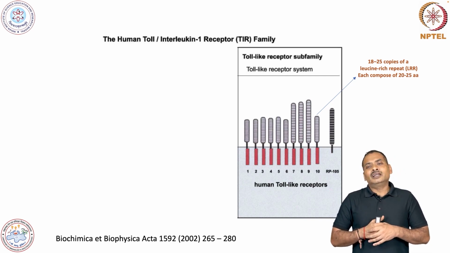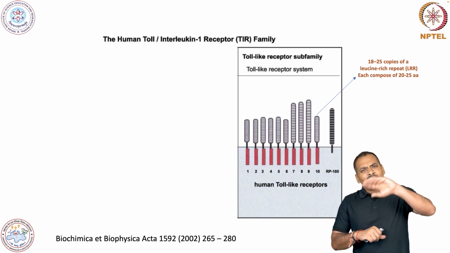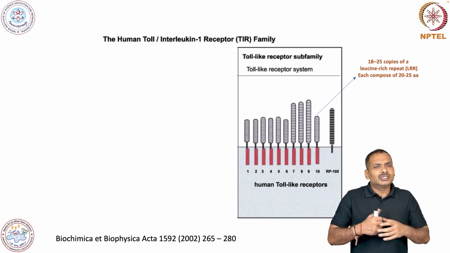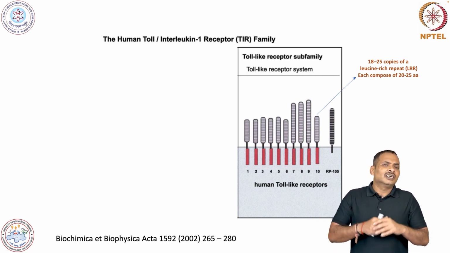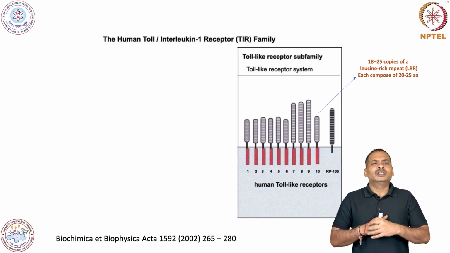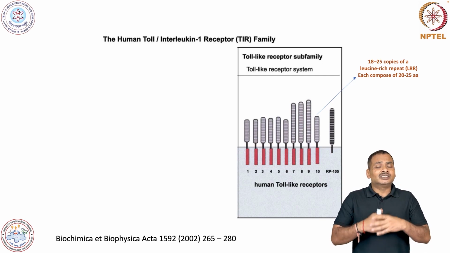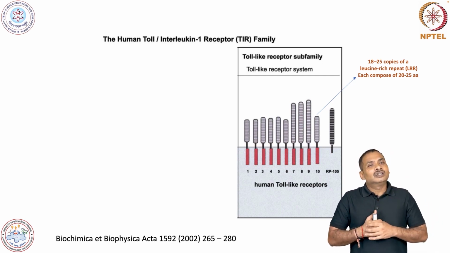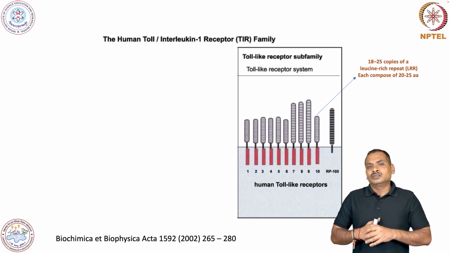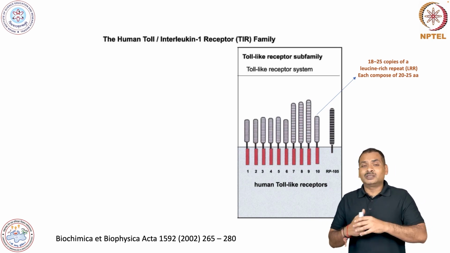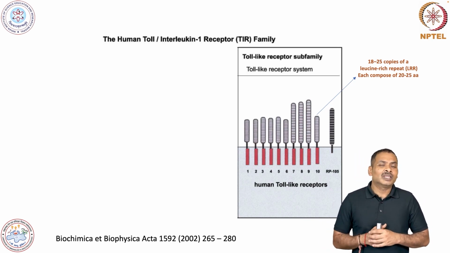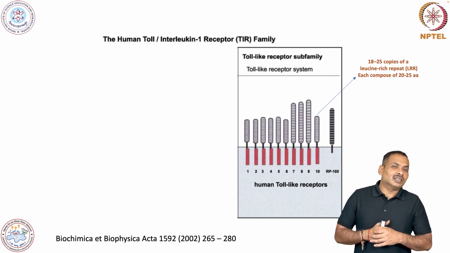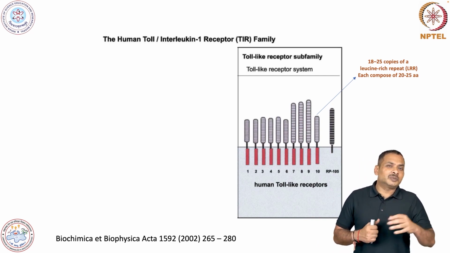They make one unique structure which we call a horseshoe-like structure, and then they sense the PAMP. In some TLRs, this leucine rich repeat undergoes cleavage in order to sense the PAMP, and generally these TLRs are expressed in the endosome.